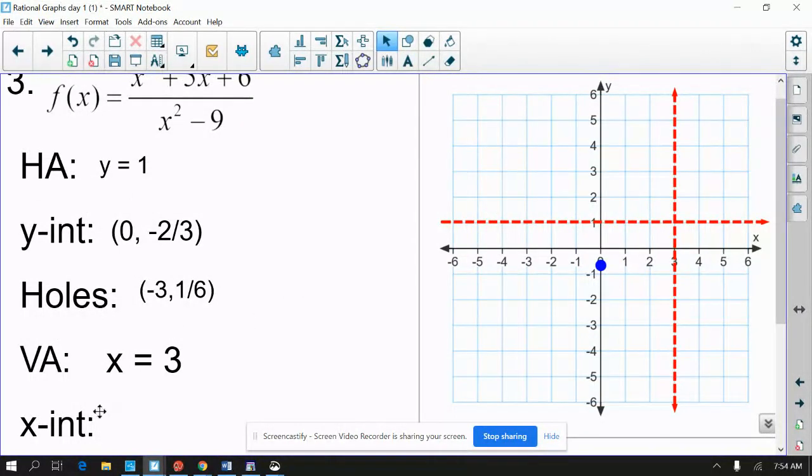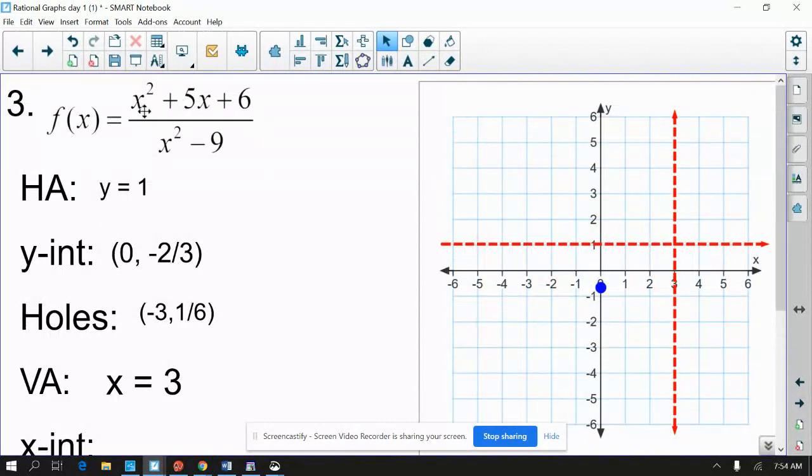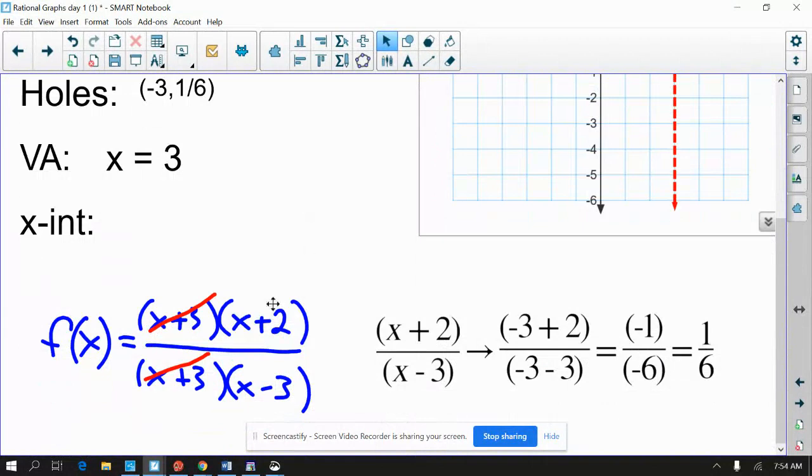Okay, any x-intercepts? X-intercepts are the x values that make the whole function equal 0. Now, there are two numbers that make the top equal 0, negative 3 and negative 2. But negative 3 is already out because negative 3 is a hole. So I'm just left with negative 2.